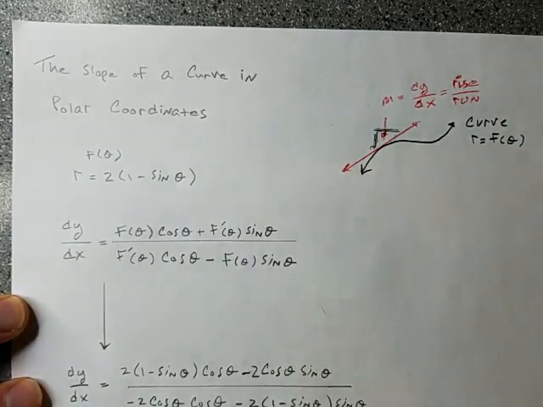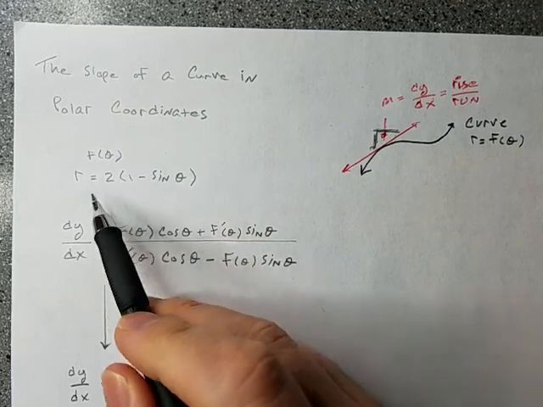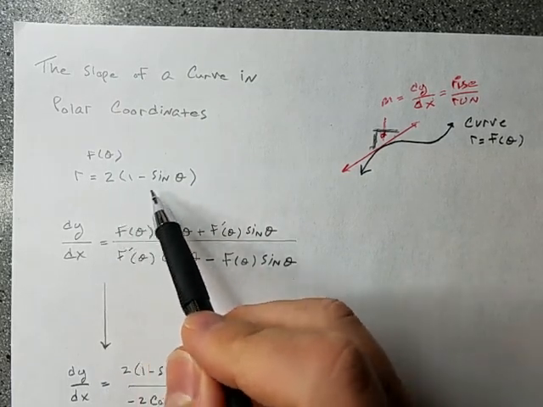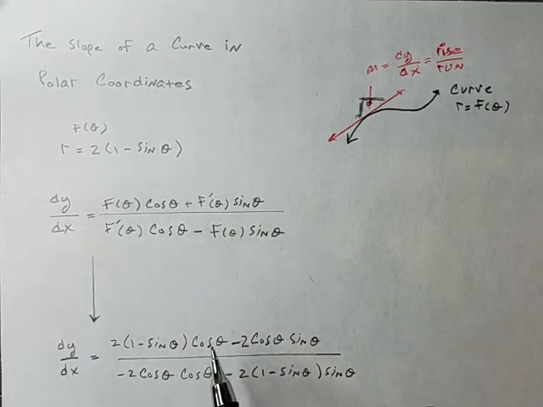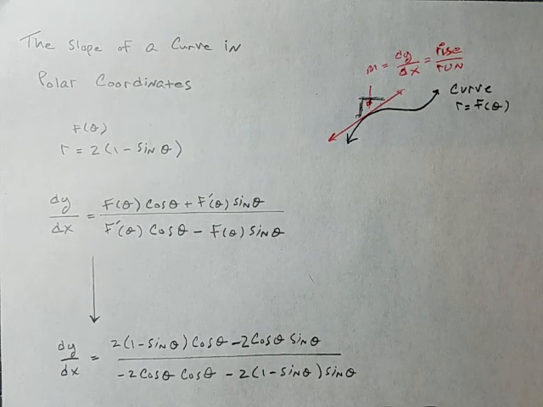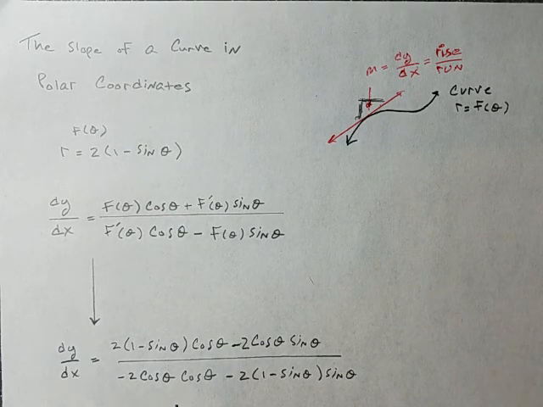So if you wanted to just say f of theta is 2 times 1 minus sine theta, instead of r, that's what we mean. This is a function of theta. Now suppose I work on this a little bit, because depending on the problem you're working and what online homework system you're using, maybe this could be accepted as an answer, given that all of it's right with respect to that formula.